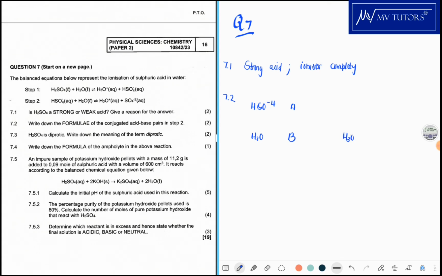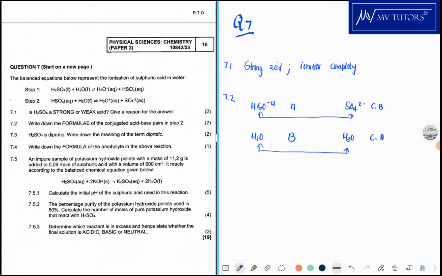So H3O is your conjugate acid. It goes along with H2O. And then SO4 2 minus will have to be your conjugate base. It goes with HSO4. So those are the 2 pairs that they're talking about.